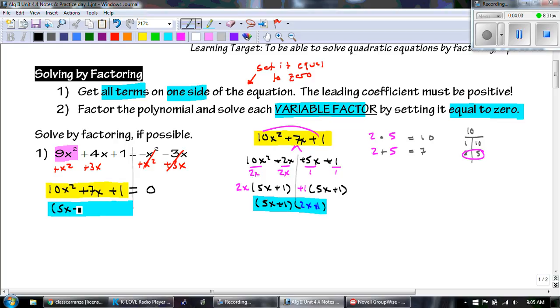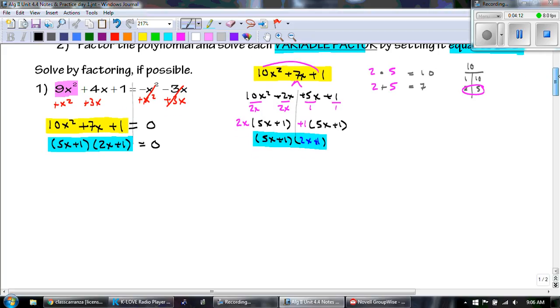So 5x plus 1, and remember the order of that does not matter, and that equals 0. To find my zeros, I take everything with a variable. The 5x plus 1 has a variable, so I'm going to set that equal to 0.